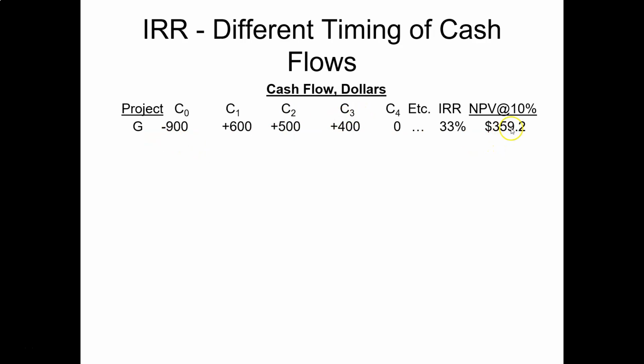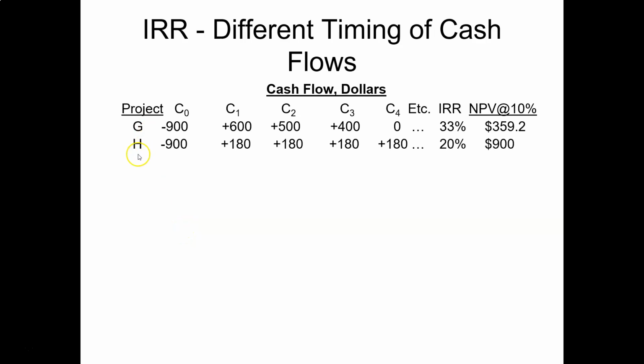If we calculate the net present value of Project G, given the opportunity cost of capital at 10%, the net present value will be positive. It is $359.2. And if we experiment with the opportunity cost of capital, we can calculate the internal rate of return of Project G is 33%.